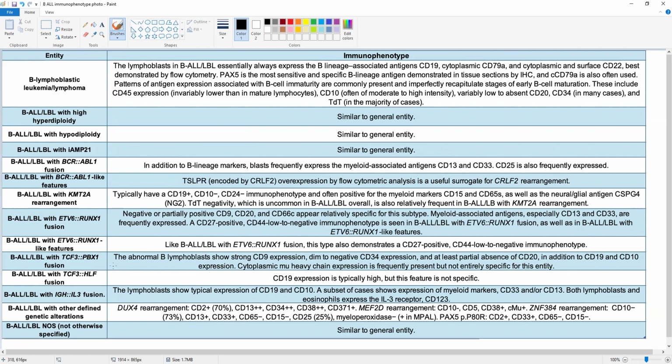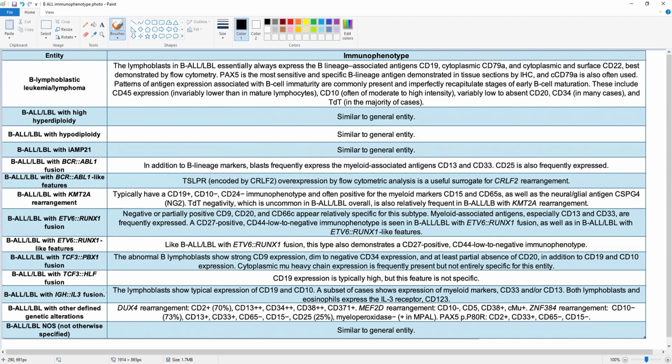Interestingly, cytoplasmic mu heavy chain expression is frequently present, but this finding is not actually specific for this entity. As for B-lymphoblastic leukemia lymphoma with TCF3 HLF fusion, CD19 expression is typically high, but as you can see, this feature is not specific and it can be seen in other entities in this table.